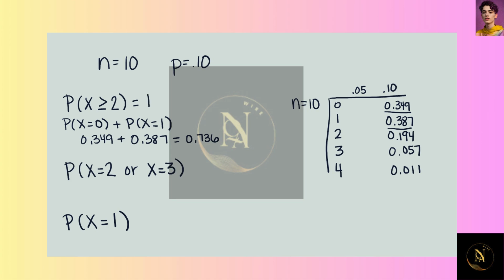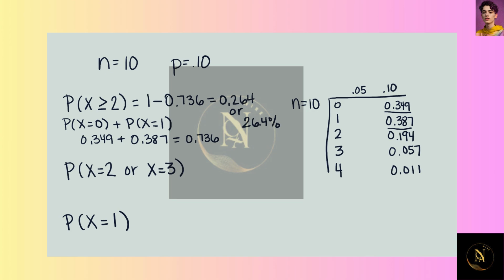So we have to subtract that because that's the opposite of what we are looking for. So 1 minus 0.736 is 0.264, which means the probability that at least 2 people have seen a UFO is 0.264, or 26.4%.